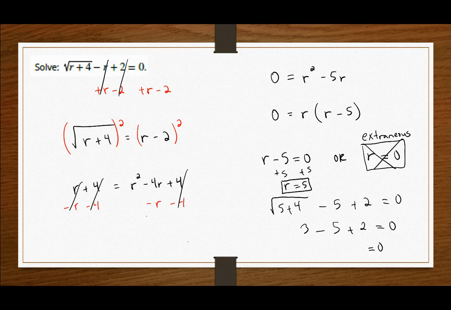So if I do the proper substitutions here, I do actually end up with a true statement, but only if I plug in r equals 5. The other value gives me some bogus expression like 4 is equal to 0. So there's only one solution in this case. So again, this highlights the need to always make sure that you are substituting back into the original equation the values you get from the algebra to ensure that you've actually got a solution.